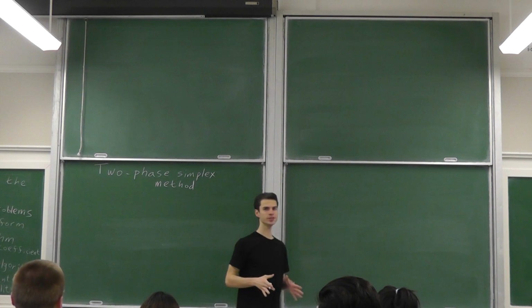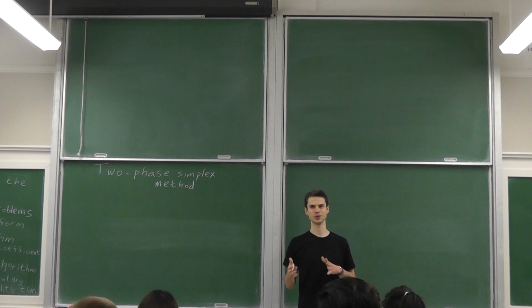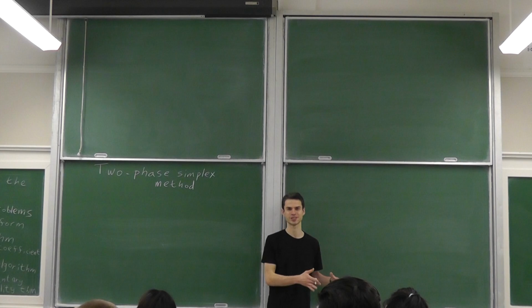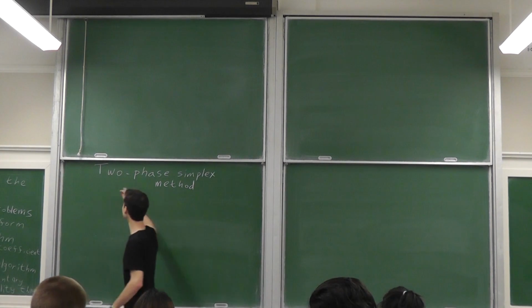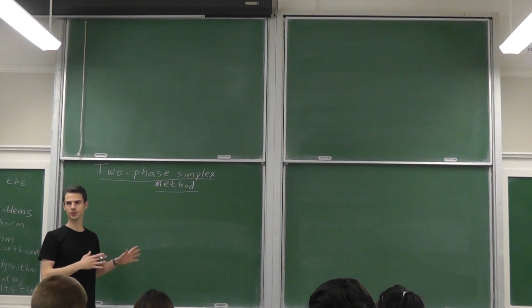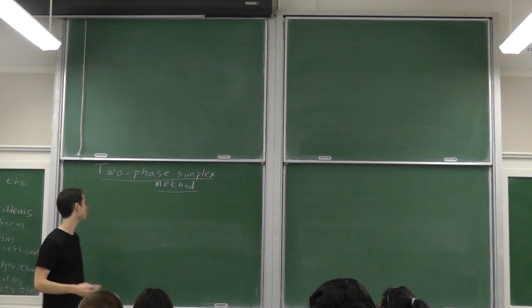The first time when I explained it, I used examples which were so short that you would have interpreted what I did in two different ways and most likely interpreted it in the wrong way. So let me do one more example and especially emphasize the transition from the first phase to the second one.